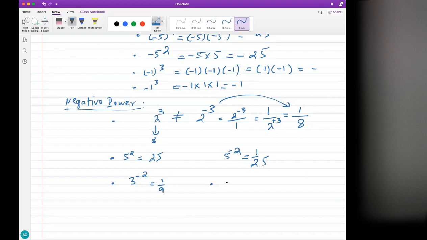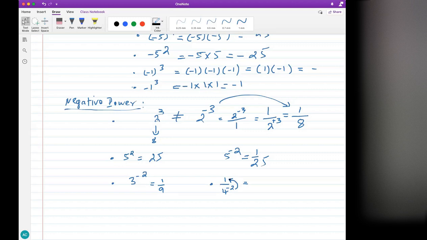You may also have, let's say, 1 over 4 to the power negative 2. Same thing here. When you see a negative power, you want to move it to the other side. What happens to the negative power if you move it to the other side of the fraction?